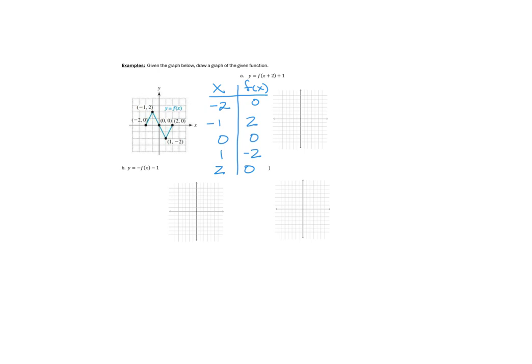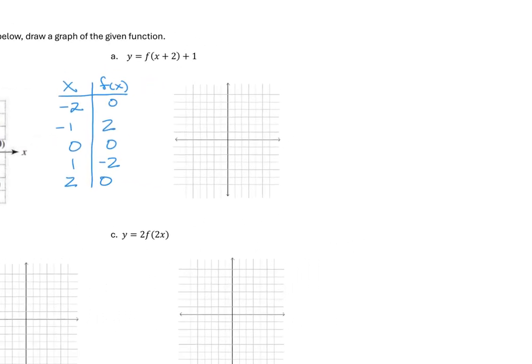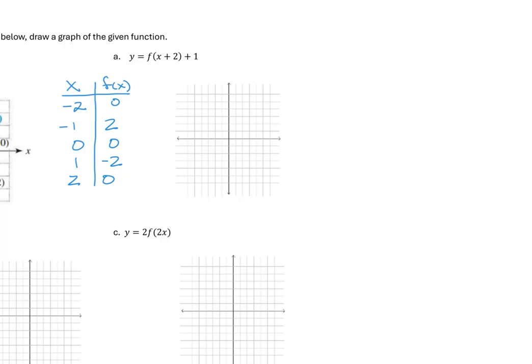All right, so when we look at our first example, we already looked at something like this in section B5. This is just going to be a couple shifts. And so here, what we have is inside our parentheses, we have a +2. And so remember the +2, this is going to be a horizontal shift. We do the opposite. And so we're going to do our x's -2.